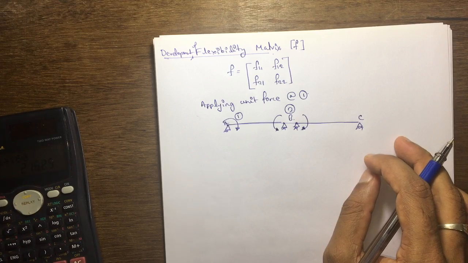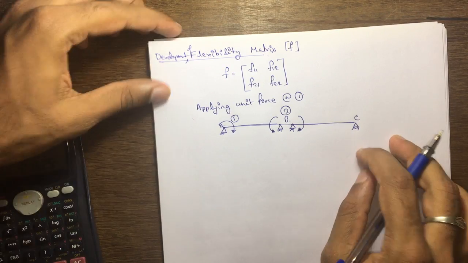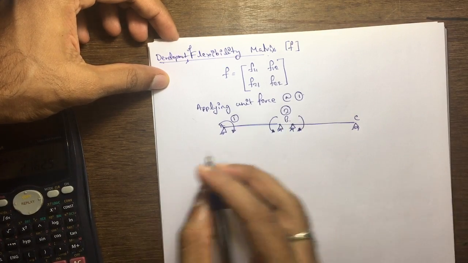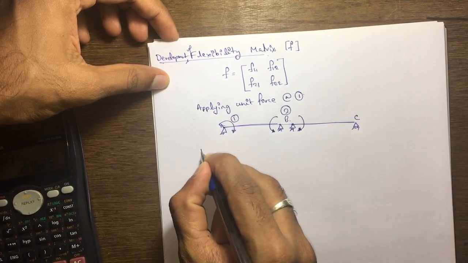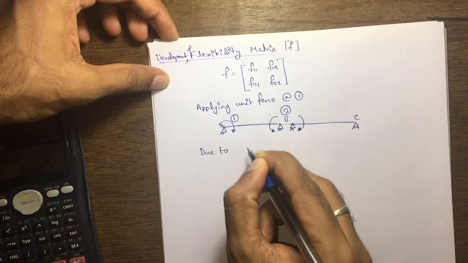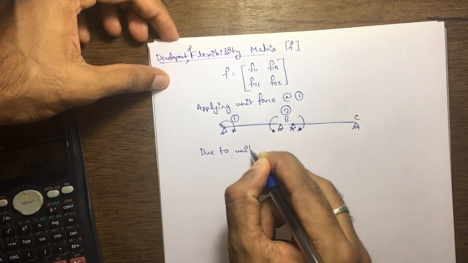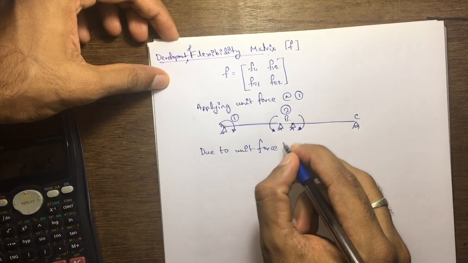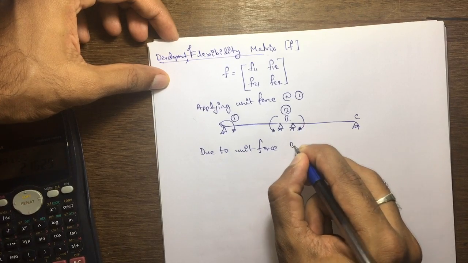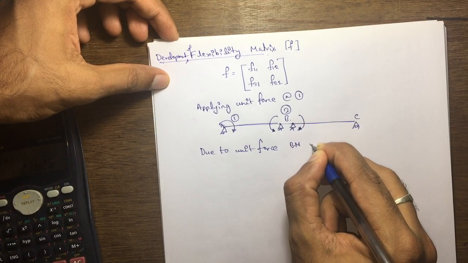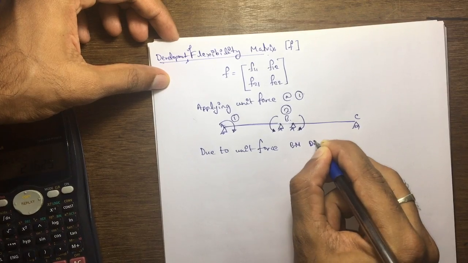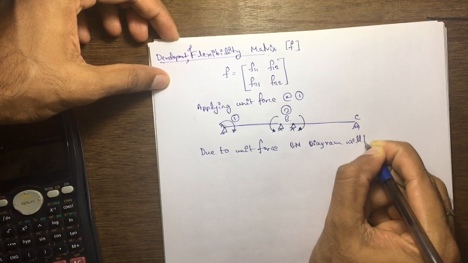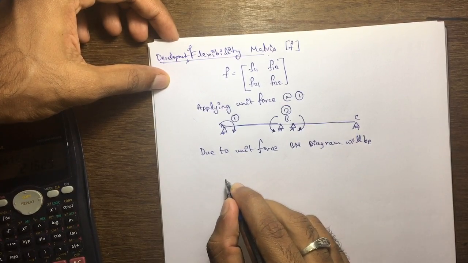So if I apply the unit force at this point, due to unit force at coordinate 1, the bending moment diagram will be, so I will draw that bending moment diagram.